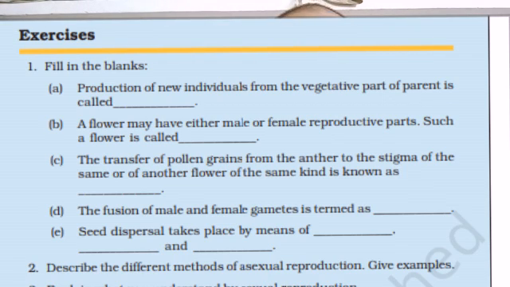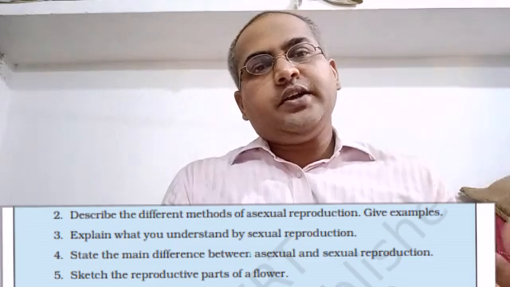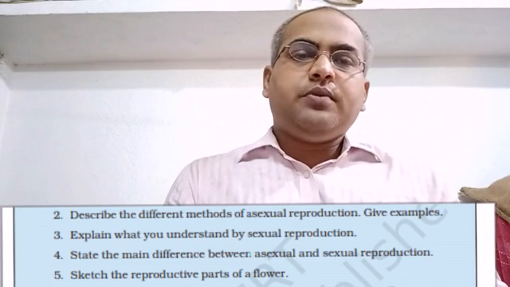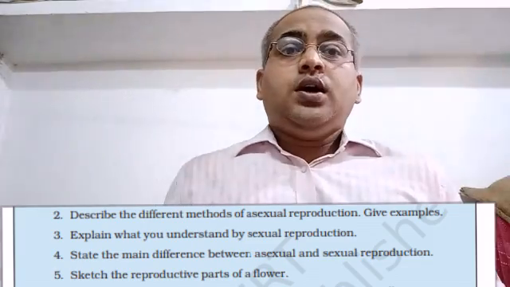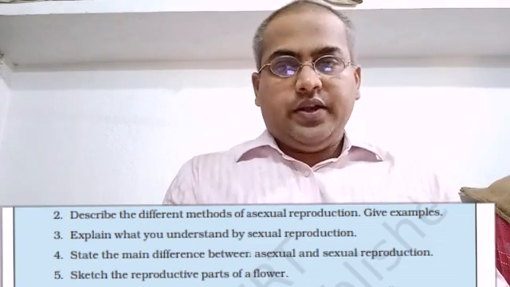So in budding, a new bud will occur from the body of the parent, and this bud gradually grows, separates from the parent and gives rise to a new individual.